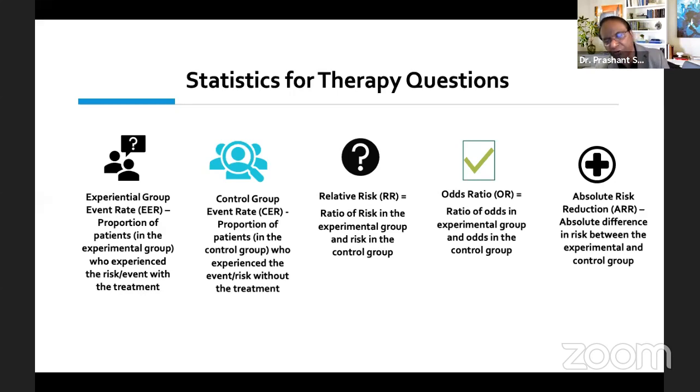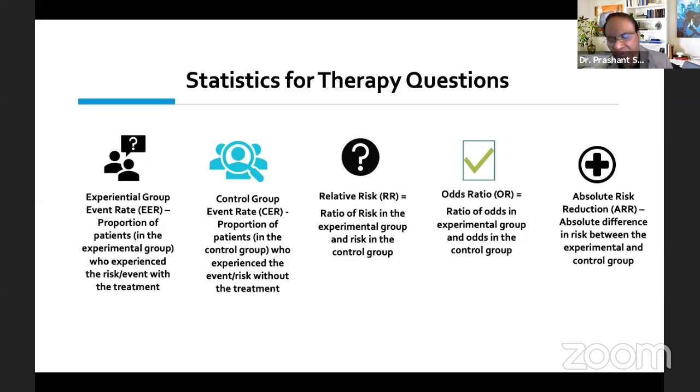Just to give you a simple example, if I say there is a 10% risk of stroke in patients, it simply means 10 out of 100, which is a risk. Whereas if I'm calculating the odds, it will be 10 divided by 90, because 10 people had a stroke, whereas 90 people did not.